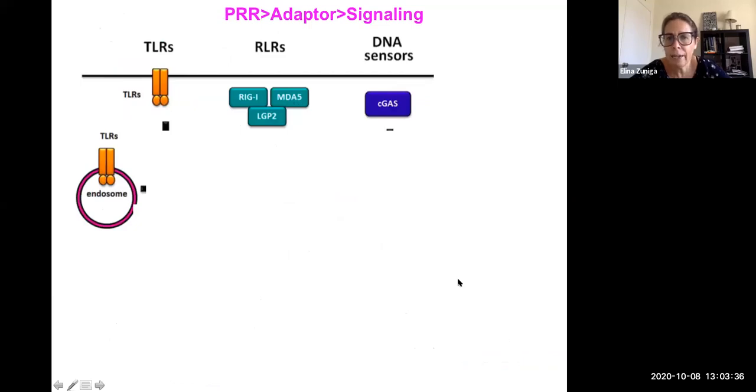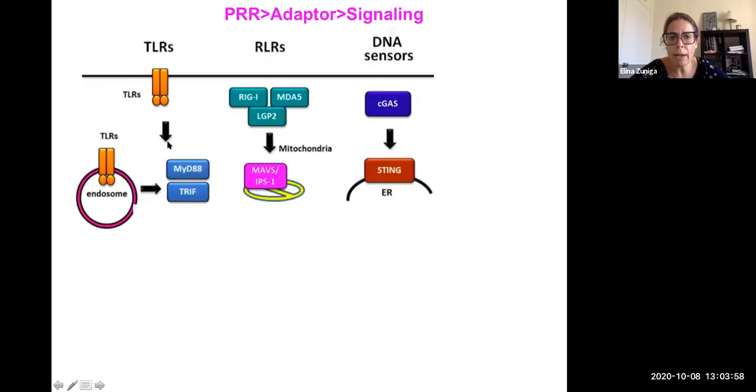And so this is another slide, putting together the same and adding a little piece of information. Here again, we are depicting all the pathogen receptors, the PRRs: the toll-like receptors, the RIG-like receptors, also known as CARD family sensors, and the DNA sensors like cGAS.